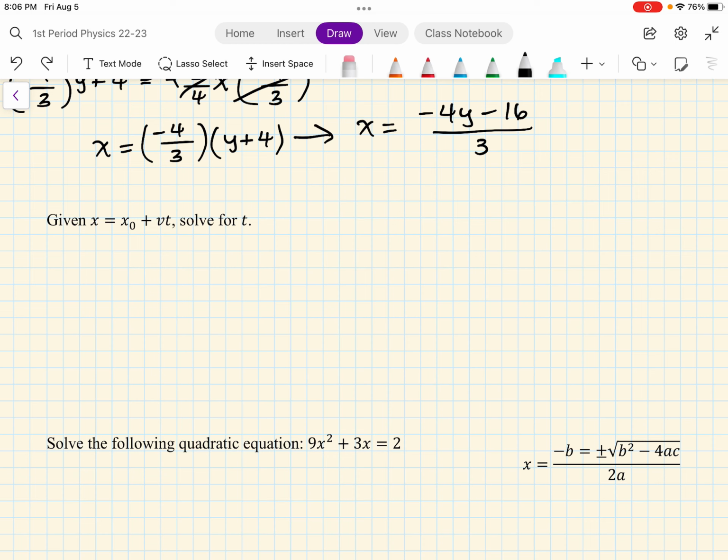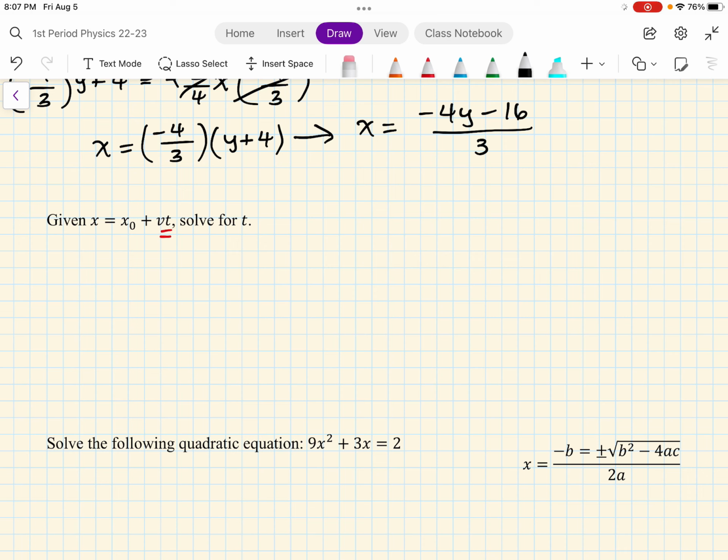We're very used to numbers in mathematics. In physics, however, we don't have many numbers. We have a lot of variables, a lot of letters, but we treat them as numbers. We focus on the one we should focus on, and then we treat everything else as a number. In this case, we are given this: solve for t. So we only focus on t. That's what we solve for.